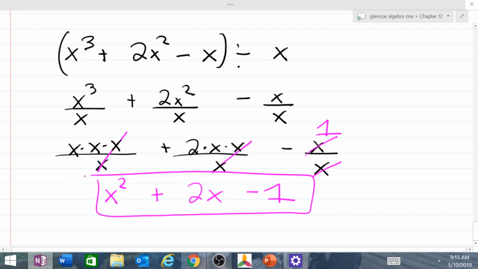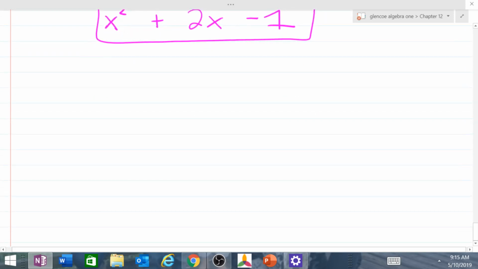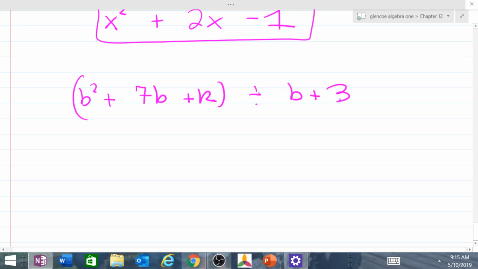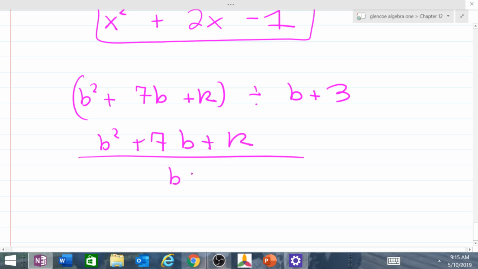Equals 1. And then the last one we'll do will be b squared plus 7b plus 12 divided by b plus 3. So the first thing we want to do, this might help to rewrite it, and then we want to factor the numerator.